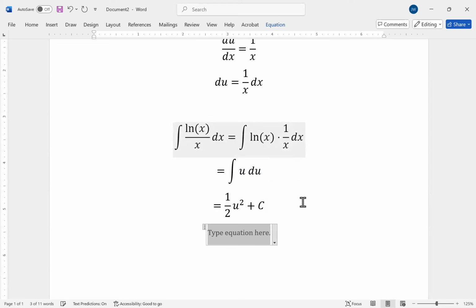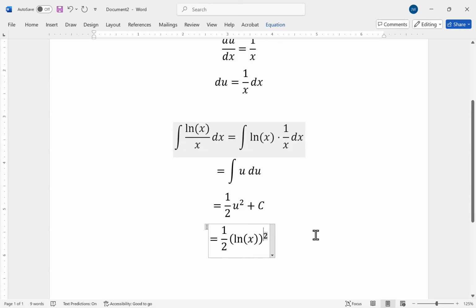Now remember, u is the natural log, so it's going to be 1/2 times the natural log of x, quantity squared. Now again, that's not the same thing as natural log of x squared. That's the entire natural log being squared, not just the argument squared, but the entire natural log squared.